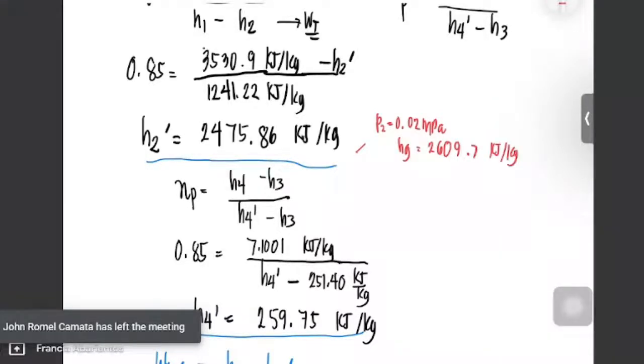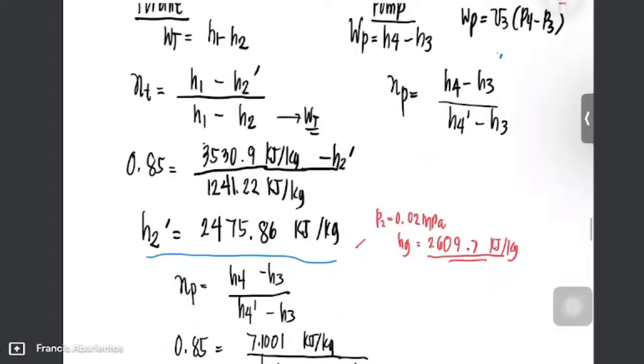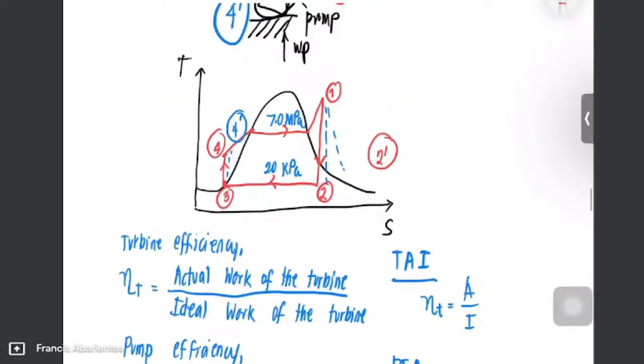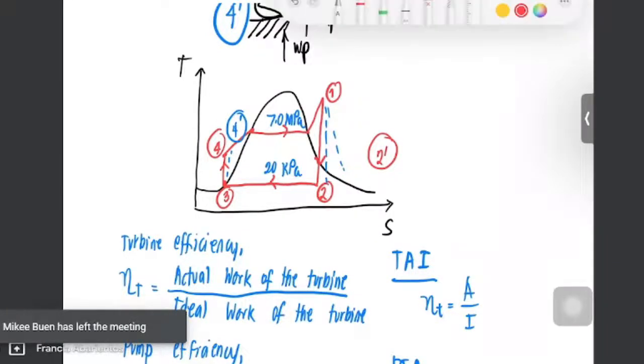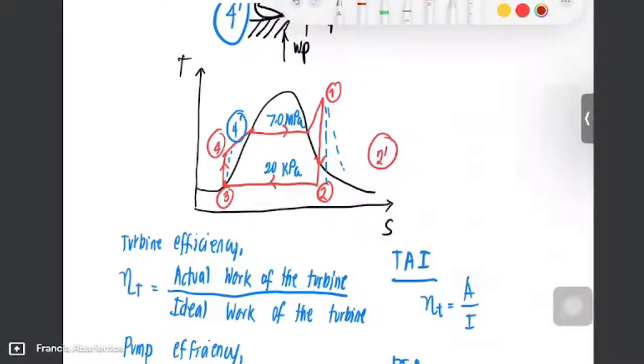Ibig sabihin, class, nasa loob pa rin yung H2 natin. H2 prime. Ibig sabihin, here class, so dito pa rin siya. Yung 2 prime natin, from the problem, magiging ito. So, dito. Yan. Sa loob pa rin. Katabi ng this is now your 2 prime.